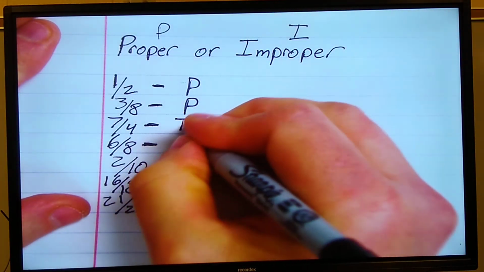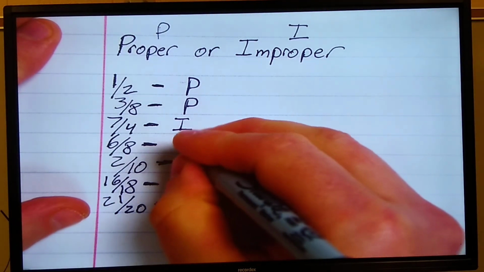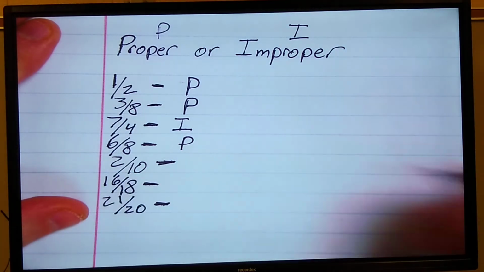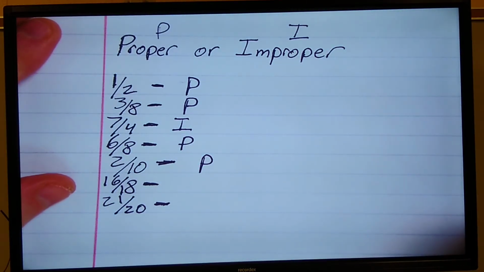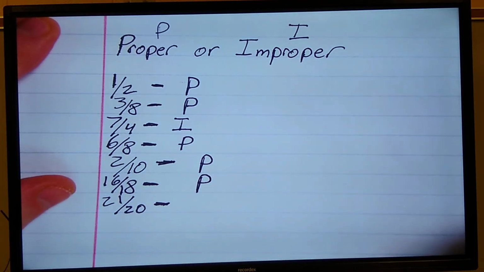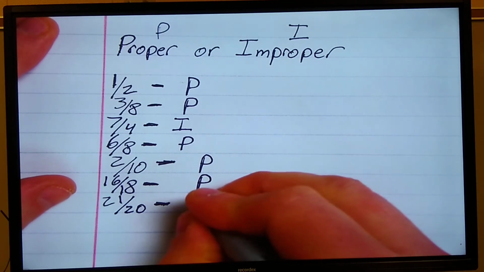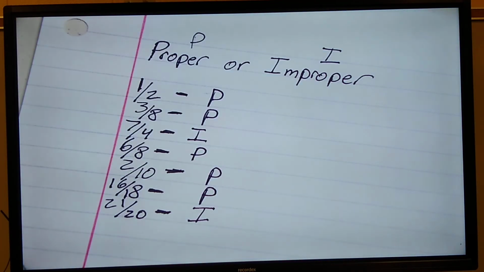Improper. 7 is greater than 4. 6/8. Proper. 2/10. Proper. 16/18. Proper. And 21/20. Improper. Because 21 is greater than 20.